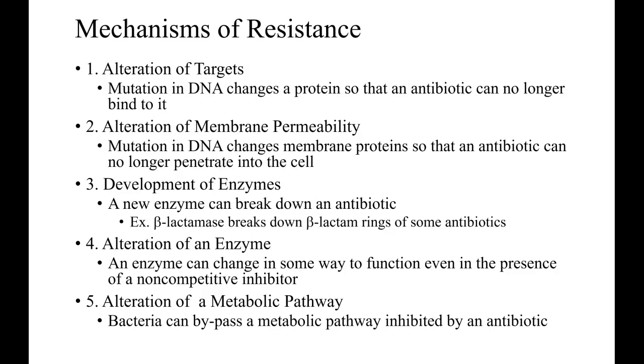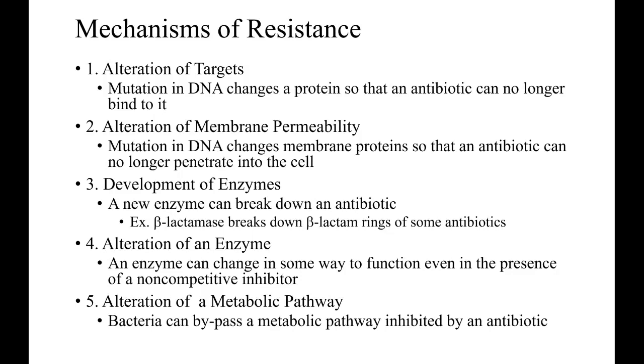We also know that bacteria can alter enzymes. So we talked about some of those inhibitors, those anti-metabolites. So if we develop an antibiotic to affect an enzyme, but even when that antibiotic binds to it as an inhibitor, that enzyme is still able to work and that bacteria is able to continue with its metabolism.